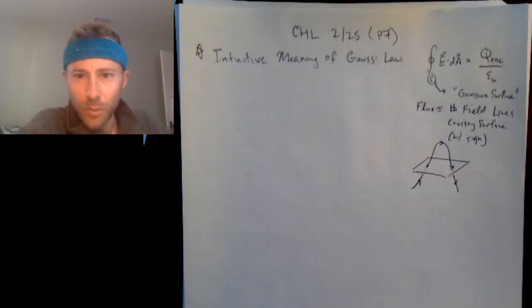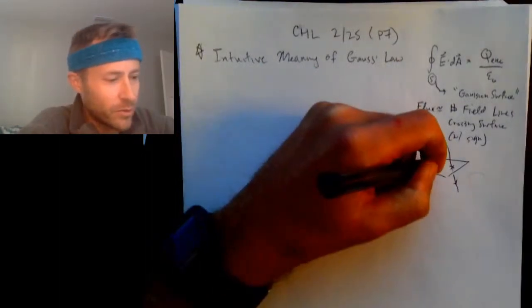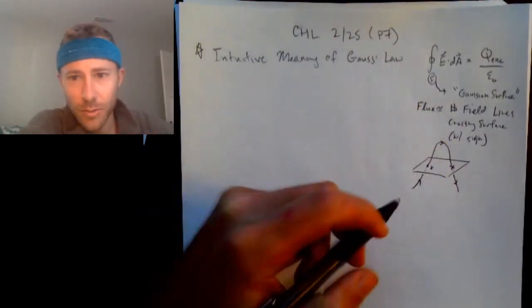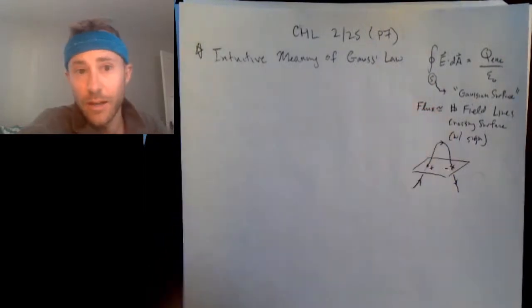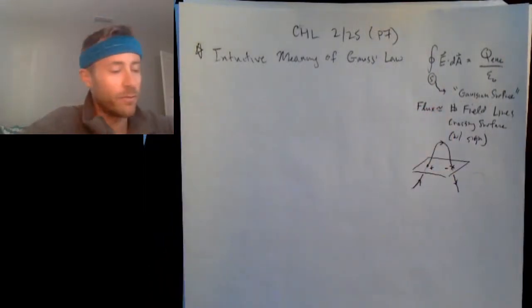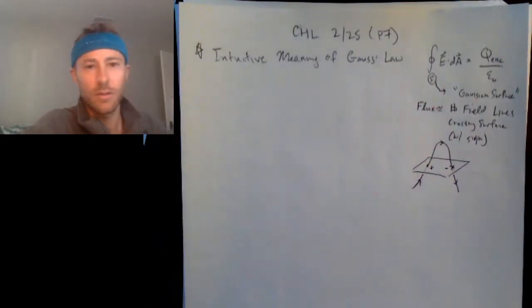When it's going out, it contributes positively to the flux, and when it's going back in, it contributes negatively. So there's no net flux from this electric field line.